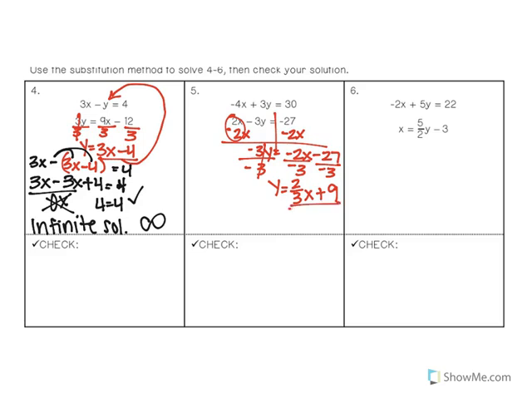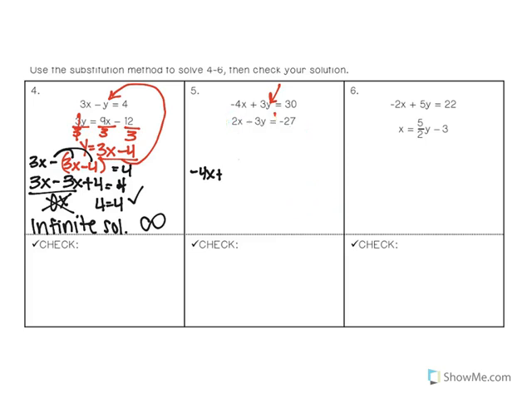I'm going to plug this in to the y value right here. So that would be negative 4x plus, and I'm going to have to erase some of my work so I have space. That was 2/3 x plus 9.